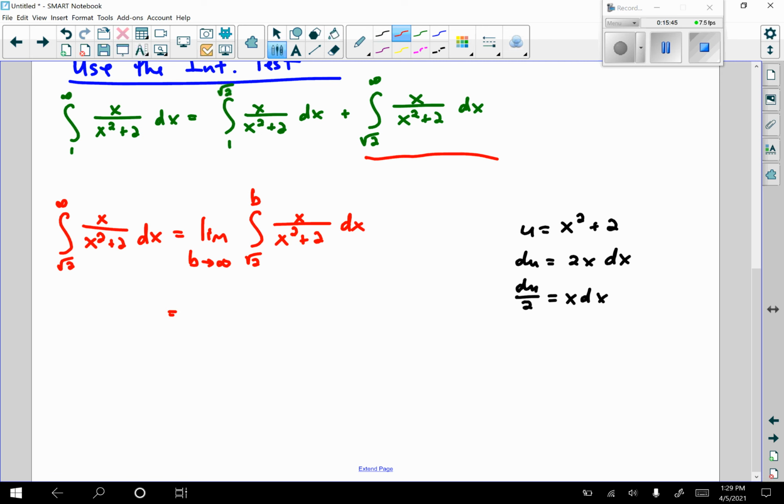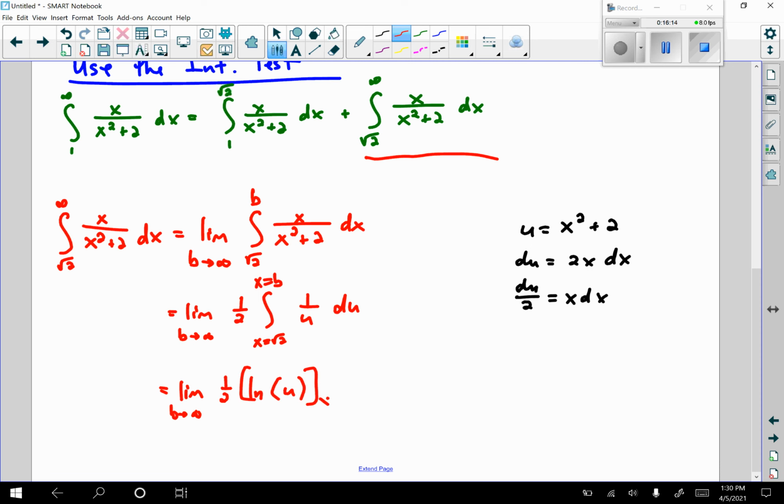So now this becomes the limit as b approaches infinity. We'll take the 1/2 out. We'll say as x equals radical 2 to x equals b, then this just becomes 1 over u du, because that x dx is du. Take the antiderivative here. So this will just become the natural log of u. Now because my x values are positive, I don't really have to worry about absolute values.